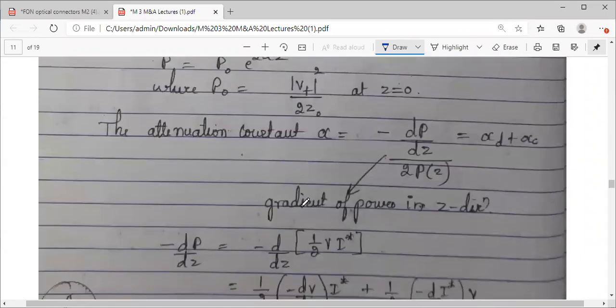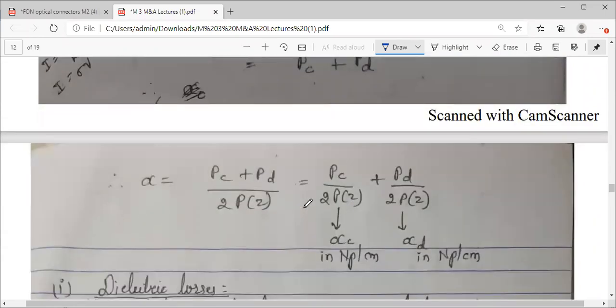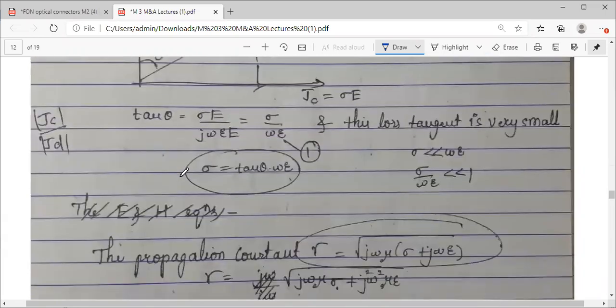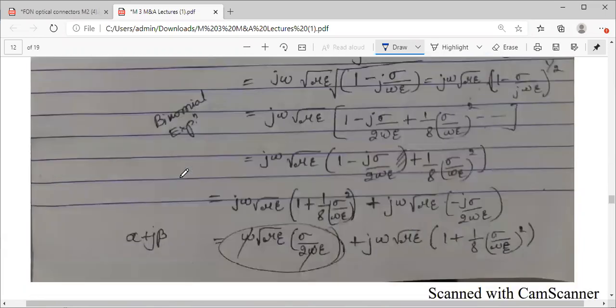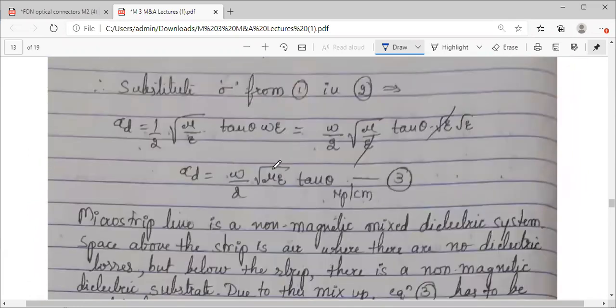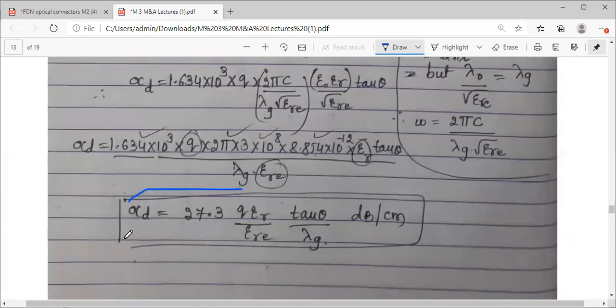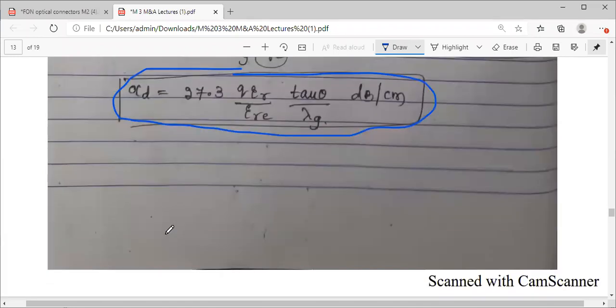So just try to recall. I'll encircle here. Coming to the dielectric losses, yes, this was the equation for alpha D. We are going to use this in our next concept. So this equation is important.